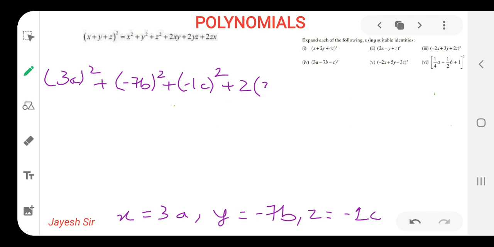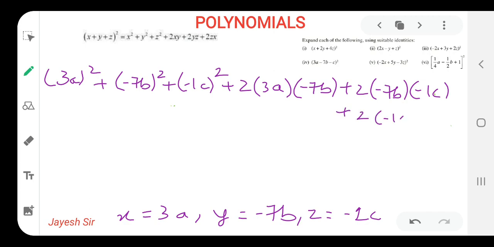Value for x is 3a, and value for y is minus 7b. Plus 2, as it is. Y is minus 7b, and z is minus 1c. Plus 2, as it is. Minus 1c is the value for z, and value for x is 3a, that we have to put.